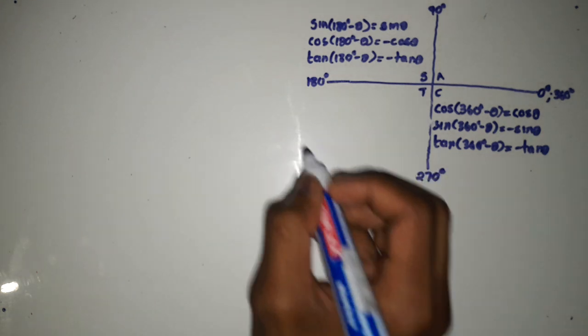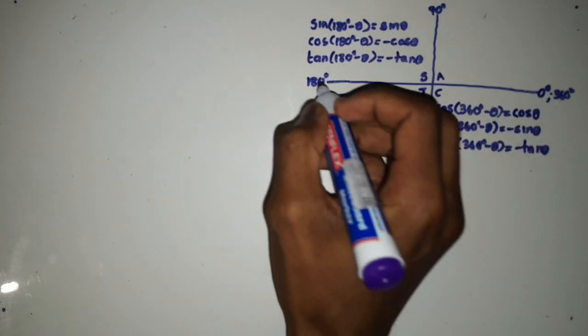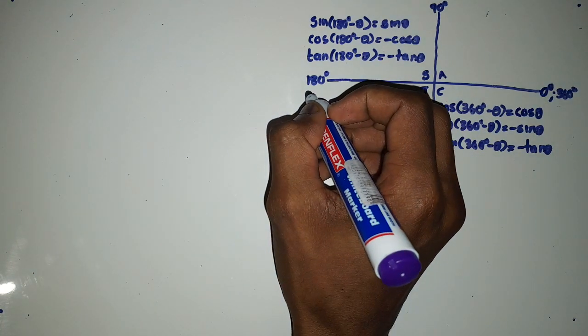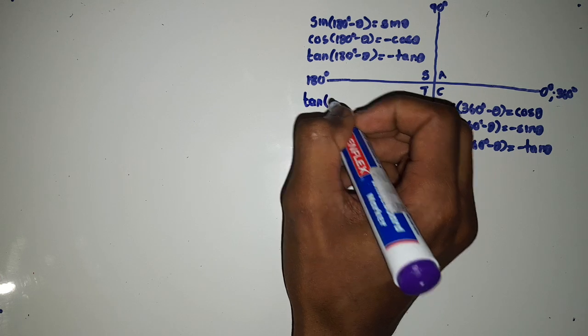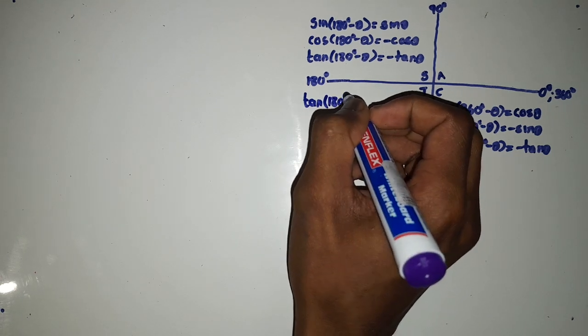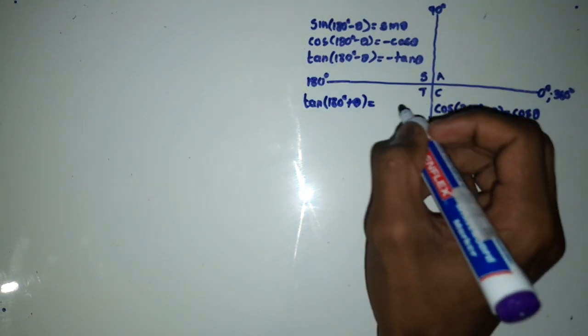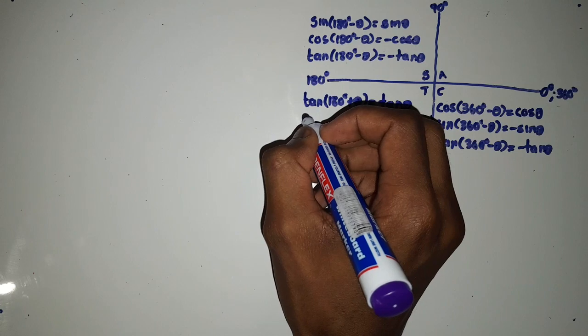Then let us consider 180 plus now. Firstly, let us start with tan 180 degrees plus theta. It's going to be positive tan theta, like this.